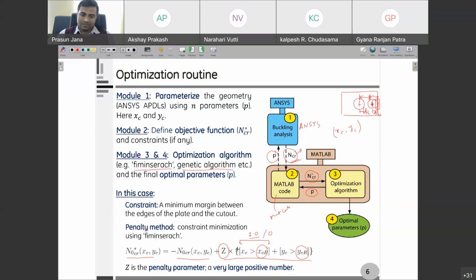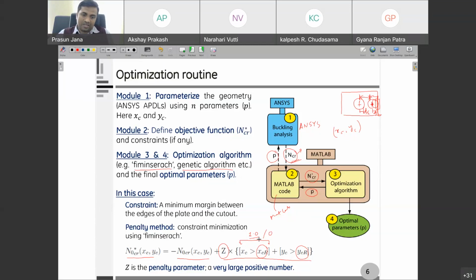Then your optimization algorithm will not take that particular case, because you are minimizing and that value is a large positive number. It will think there is a big wall, and it will come away from that wall.